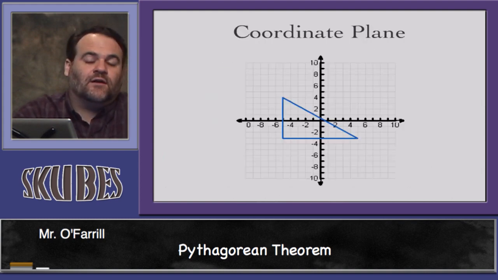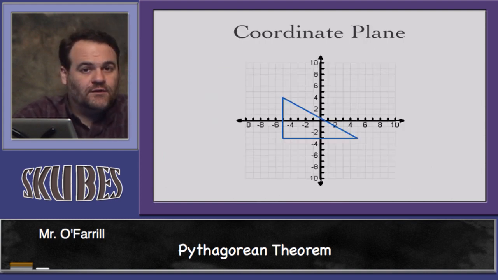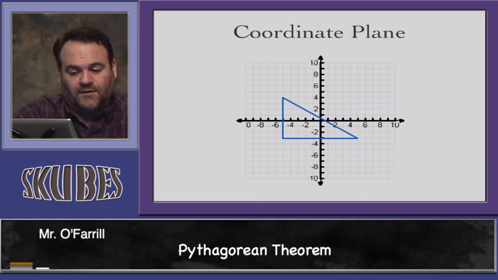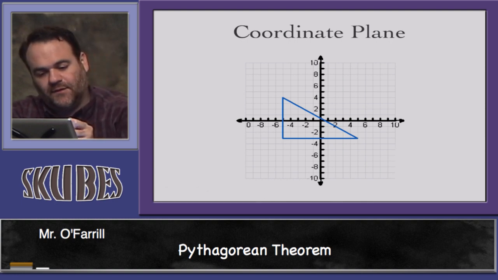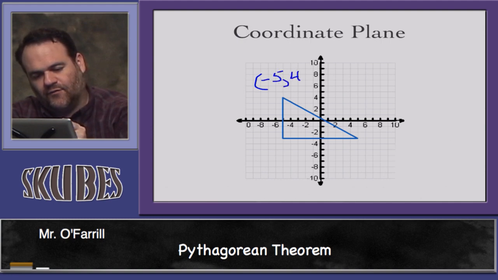The Pythagorean theorem can also be applied on the coordinate plane. This time, to find the distance, we need to look at the ordered pairs. This ordered pair is -5, 4.